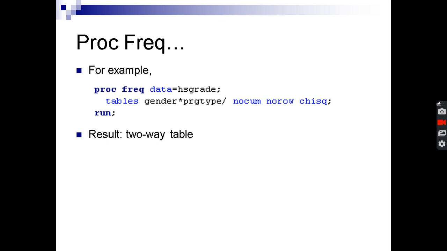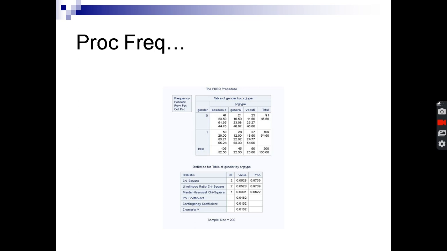So for this two-way table, I suppress the column proportion and row proportion and create a two-way table for gender and program type.